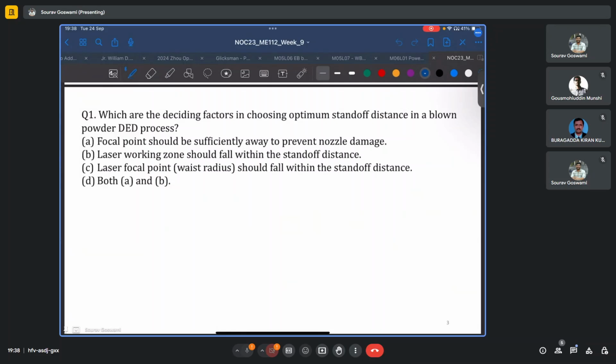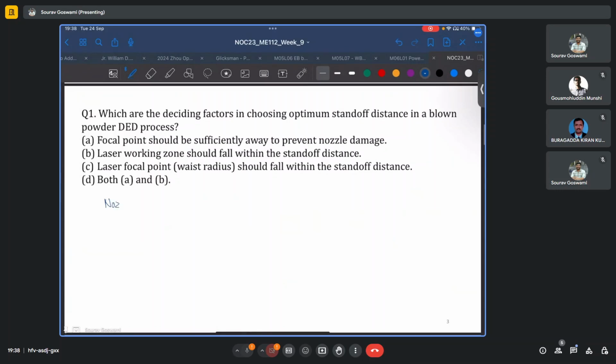And here we are talking about the relative positions of a few things. So the focal point should be sufficiently away to prevent nozzle damage. So typically, your nozzles are made out of copper and they tend to have a life of say 4 to 6 hours.